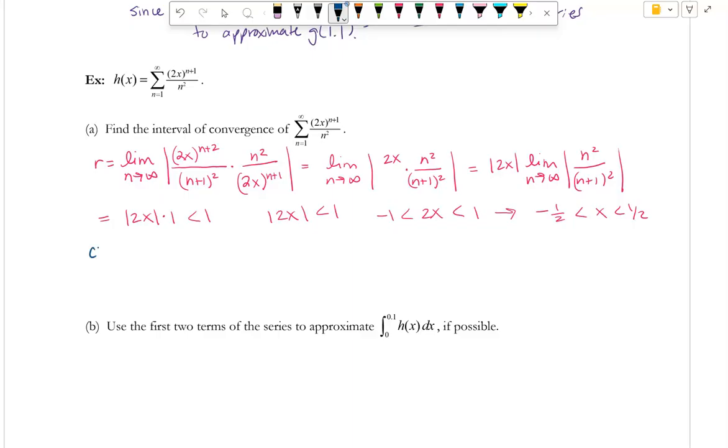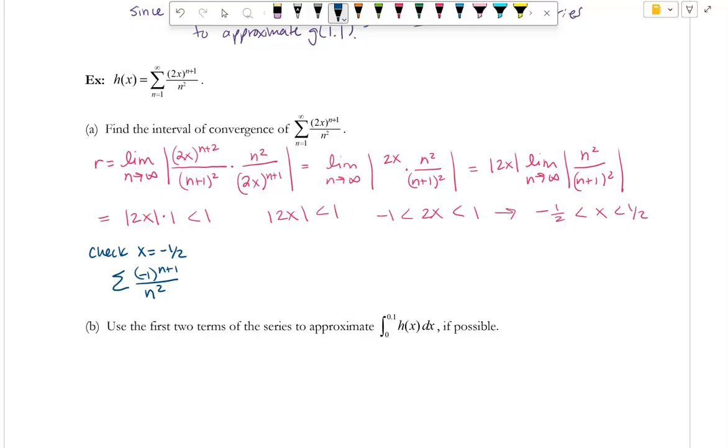So I'm going to check x equals -1/2 first. If I plug that in, 2 times -1/2 is just -1. So I get (-1) to the n plus 1 power over n squared, not 2 n squared. When I look at this series, this is an alternating series.